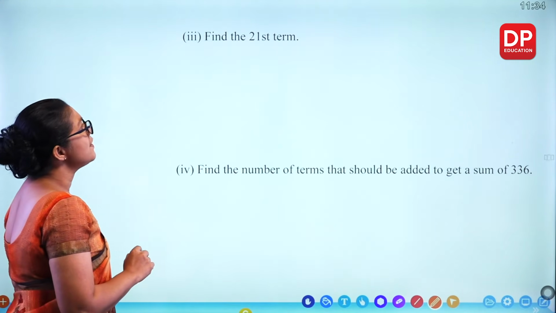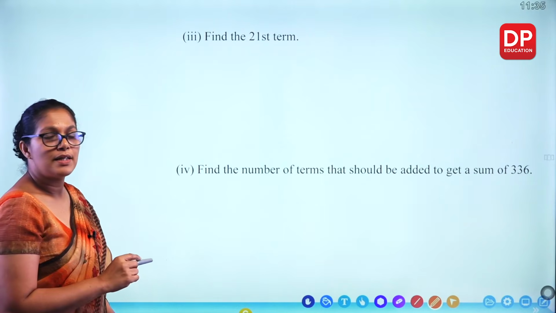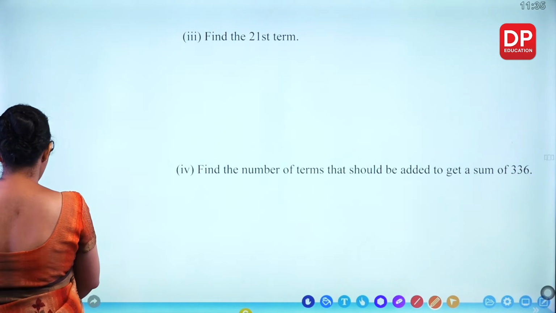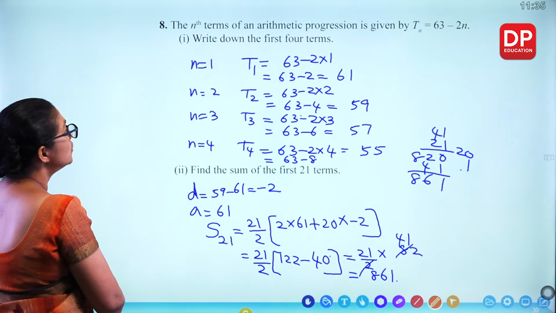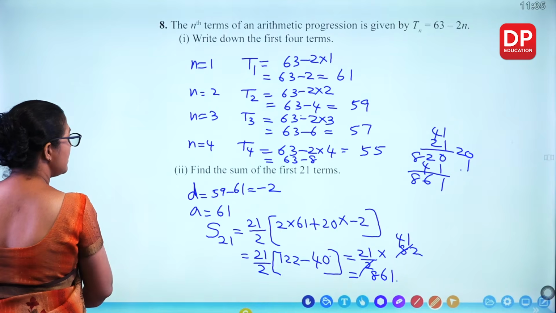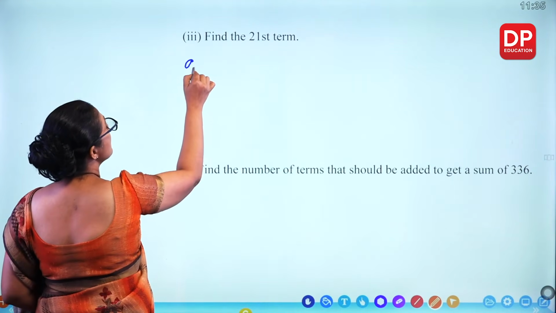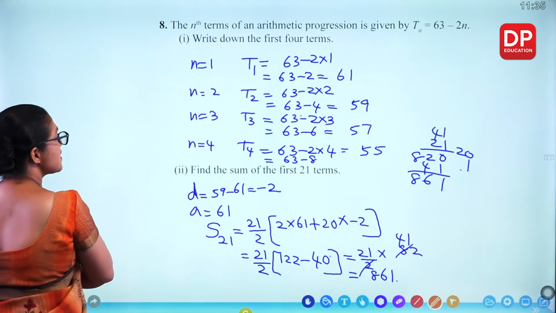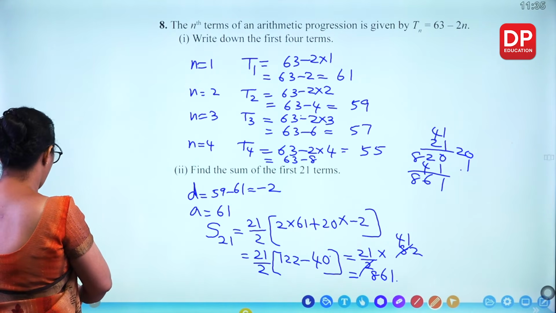Part 3, find the 21st term. 21st term, how can we find out? We know A equals 61, we need to write down A equals 61, D equals, we got minus 2.